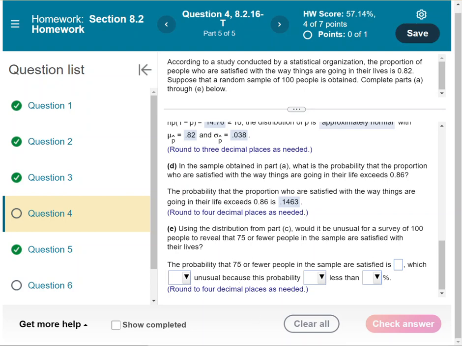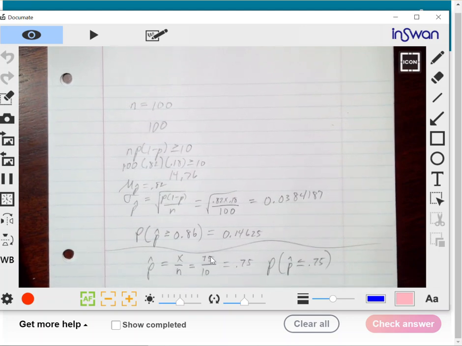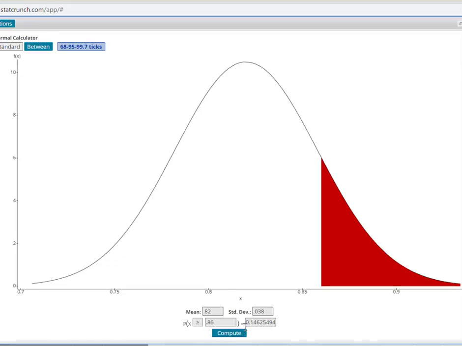So I'm just going to show you the work that I did. So 75 out of 100 gives us the 0.75. It's kind of nice with 100 for our sample, just because think of percent. This is 75 hundredths, that's 75 hundredths. So we want to know when p hat is less than or equal to 0.75. Let's go to our normal distribution. We still have 0.82 for the mean.